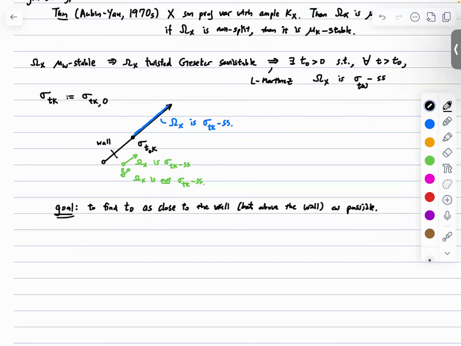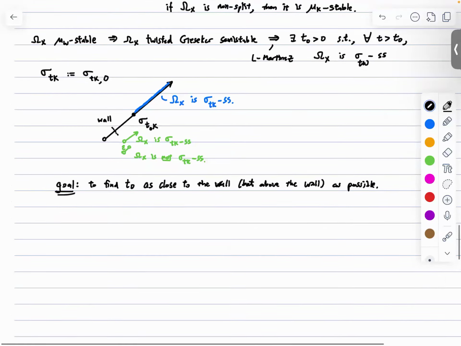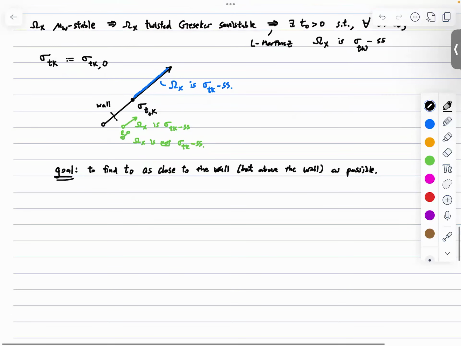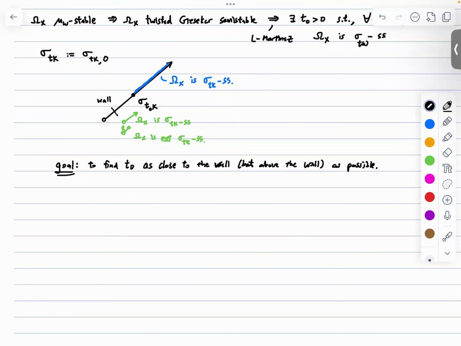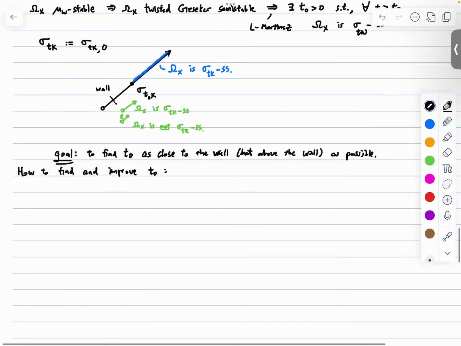So how do we find an example of such a T_0, and then how do we improve such an estimate or such an upper bound of this wall? We need to write down some concrete stuff. So how to find and improve such an upper bound T_0 for this wall of Bridgeland stabilities.